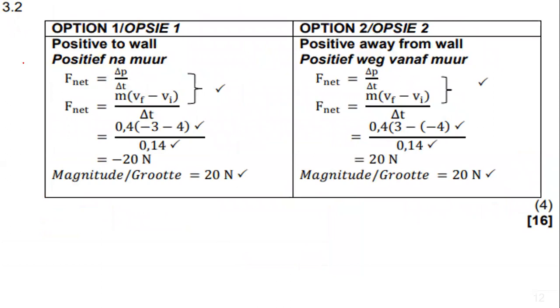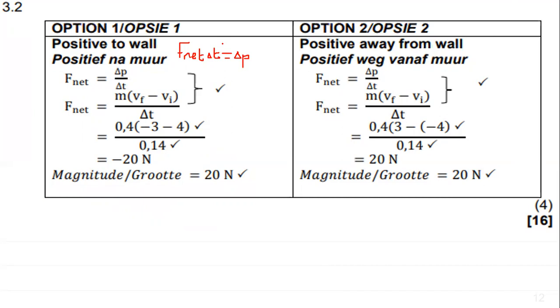So, towards the wall, let us say it is positive. Then we know that this formula has just been rearranged, and it's that original formula that says F net delta T is definitely equal to delta P. So there it is just rearranged to say F net is actually equal to delta P over delta T. But you don't need to rearrange it.